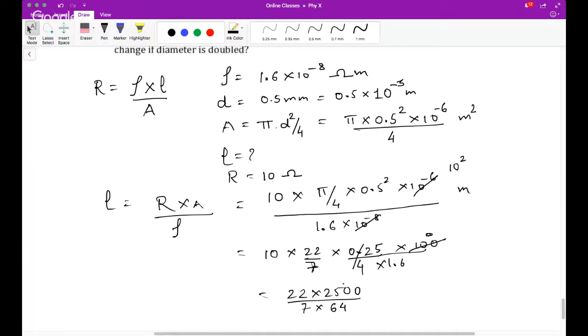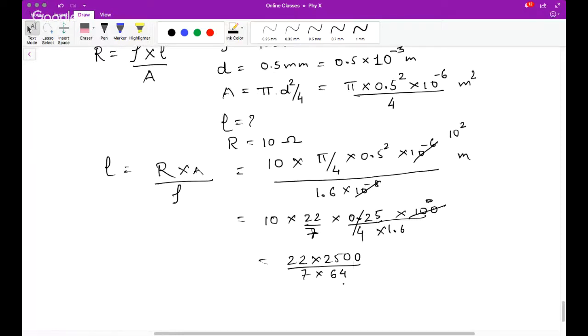Okay, so this amounts to, you'll have to do the calculation. Why are you getting so much, Ishan? I am getting something else. Let's check the calculation once. So 22 into 2500, somewhere around 120 meters.